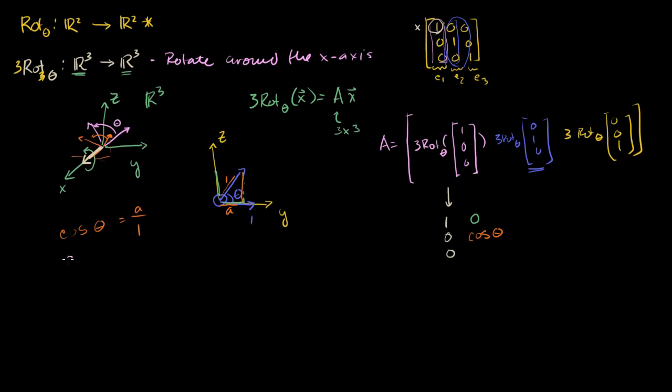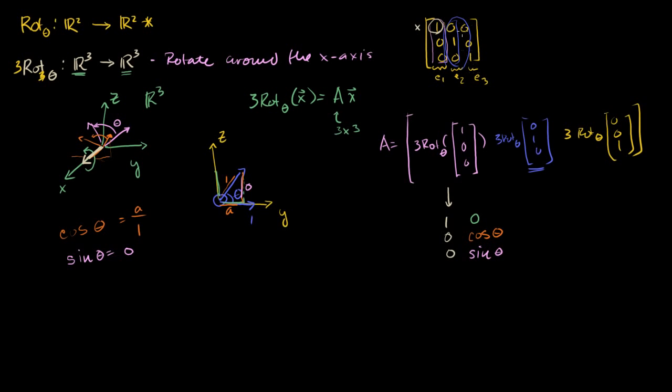Well, sine of theta is equal to the opposite side over 1. So it just equals this opposite side. And the length of that opposite side, once it's rotated, is its new z component. So you get a sine theta right there. Now we just have to do everything in the z direction.